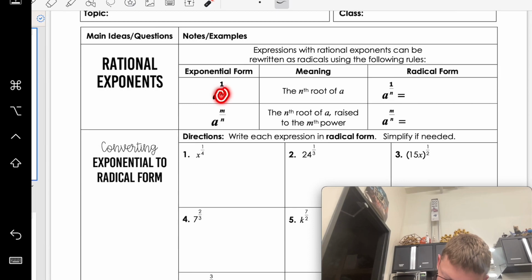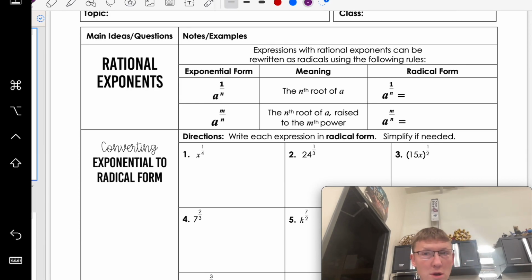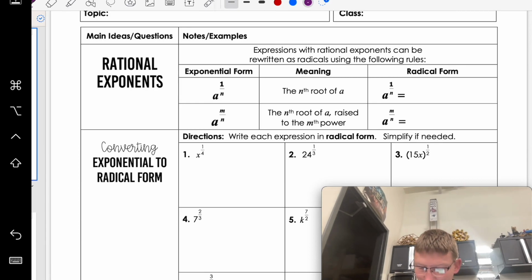Notice the nth root is the number in the denominator. So we can rewrite that to make it look like something we're more used to seeing: the nth root of a is also n with the little radical sign for a. So these two things are the same, and we can rewrite each one just like the other.